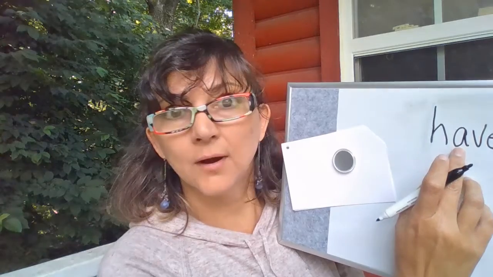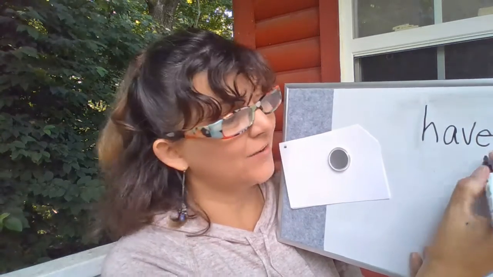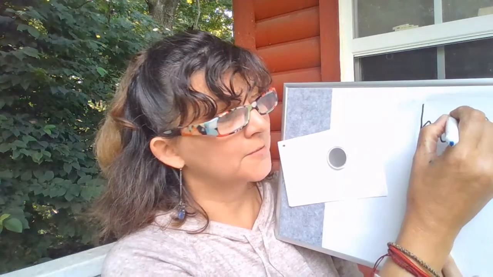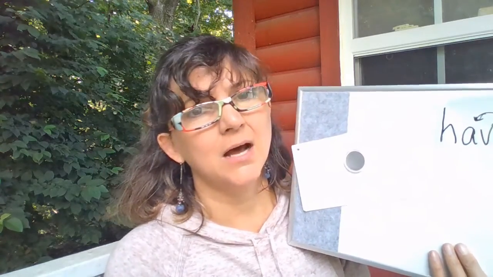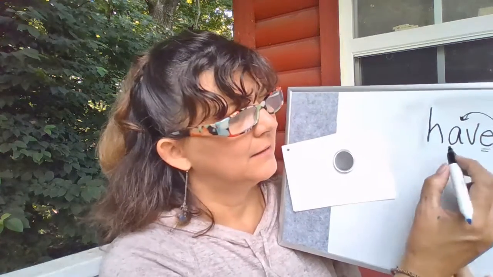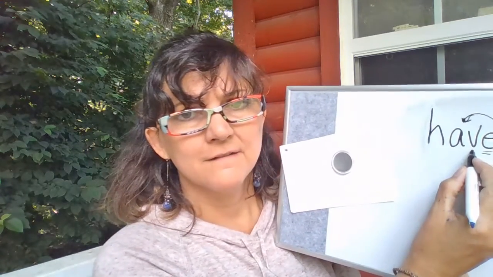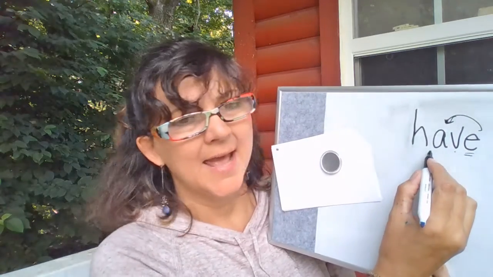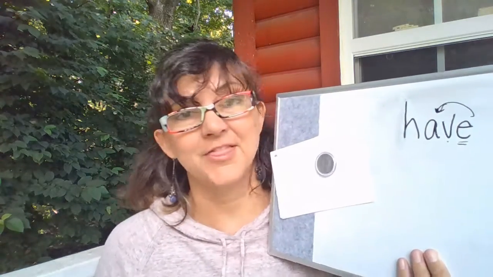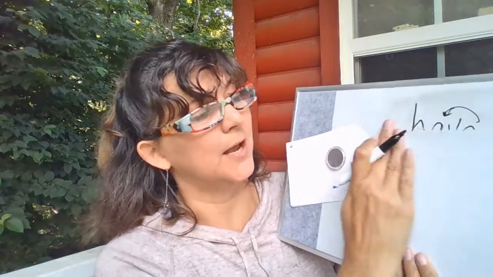I heard somebody say it, but the silent final E, the normal job of silent final E is to make that A say its own name, right? A, what does this sound like? V, have, and we know that's silent, right? Have. But that is not how it's pronounced.